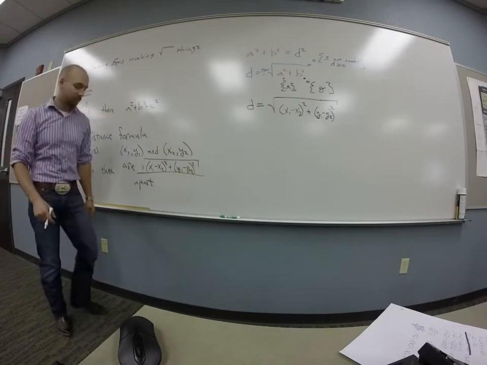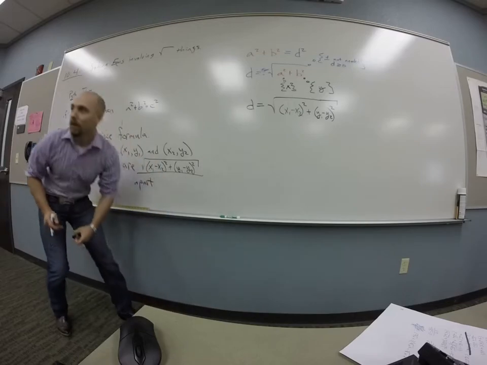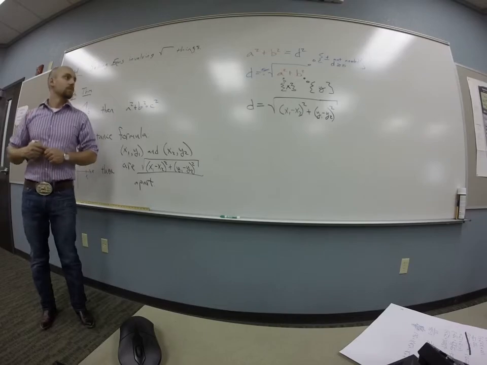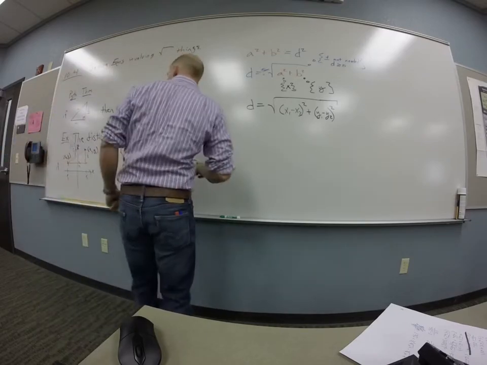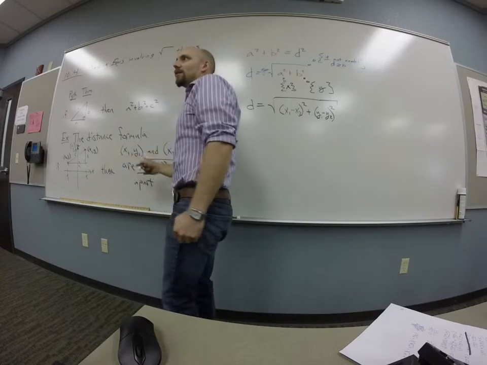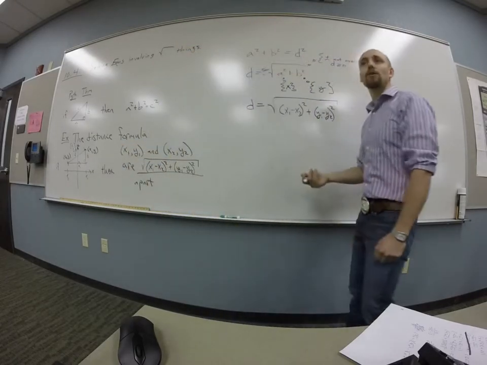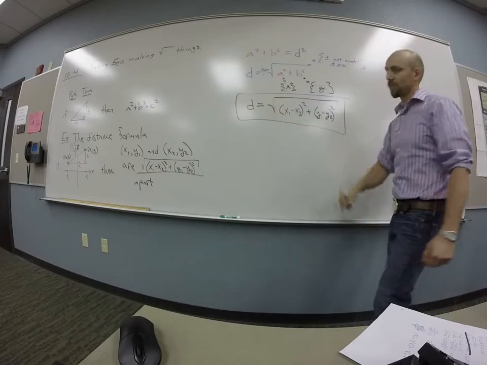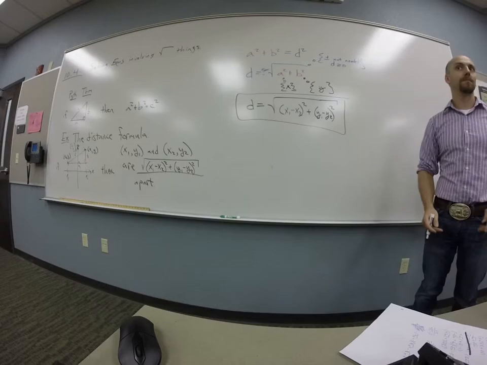So this is the distance formula. Cool? So you can put this whole thing in your head, which I would sort of recommend, or if you want to remember this like you remember the Pythagorean Theorem, you can just put this piece in your head. Cool?